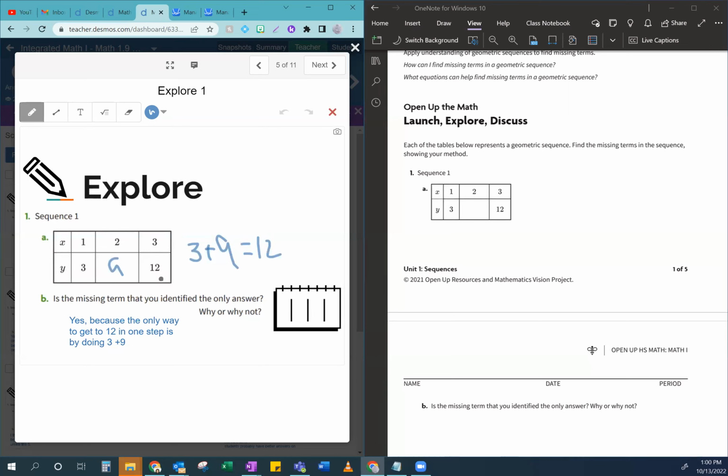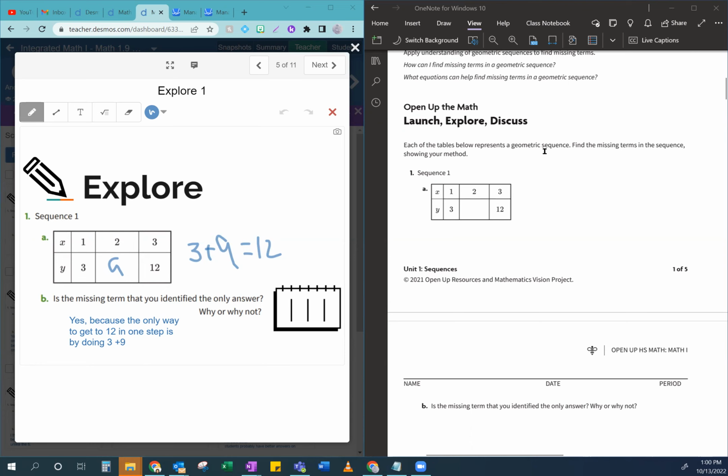So no, whoever this is, you're still thinking of arithmetic. So arithmetic means what? What does arithmetic mean? In the chat, please. Absolutely. What does arithmetic mean? Yeah, adding. So here they asked you, can you make a geometric sequence? So geometric means what?